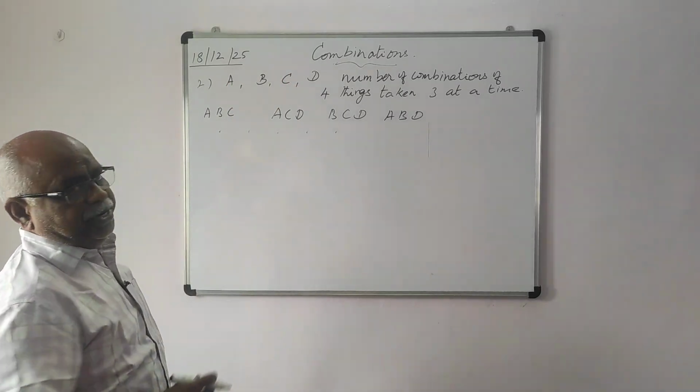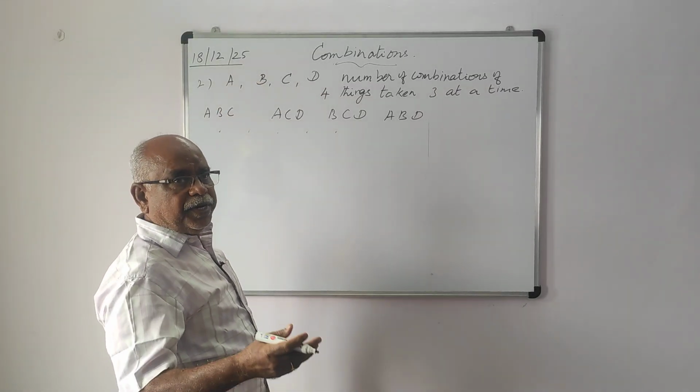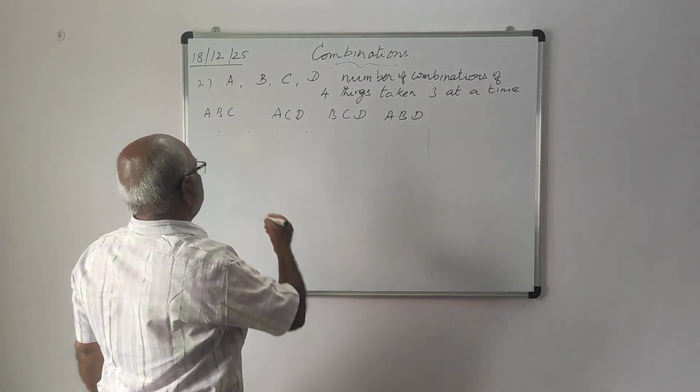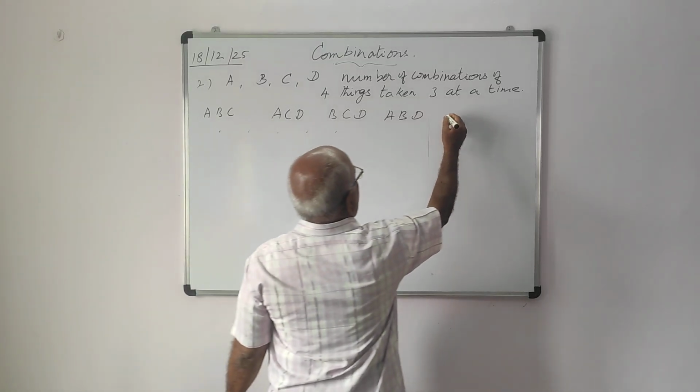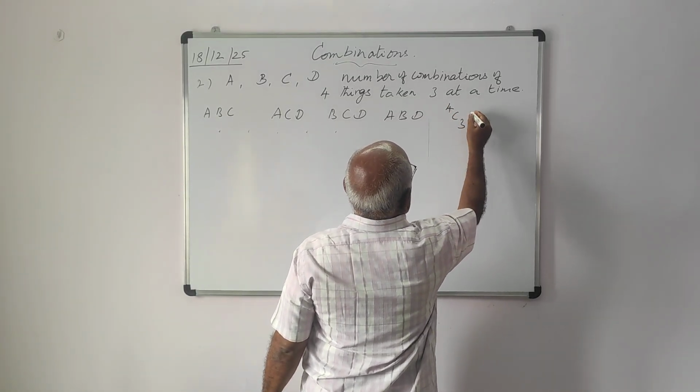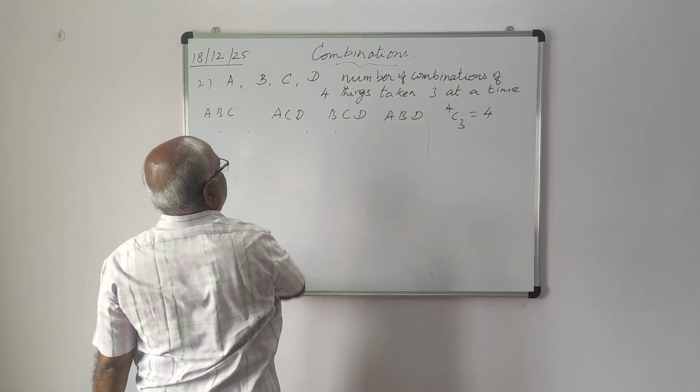These are the four combinations. So, the combinations of four things that I can create taken three at a time is 4C3. The answer is 4: 1, 2, 3, 4.